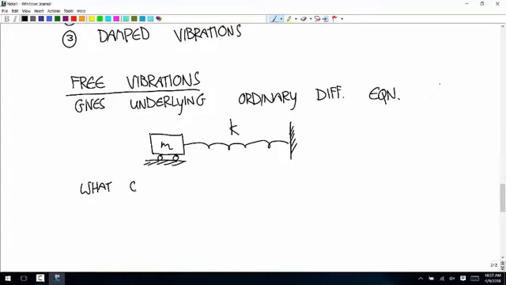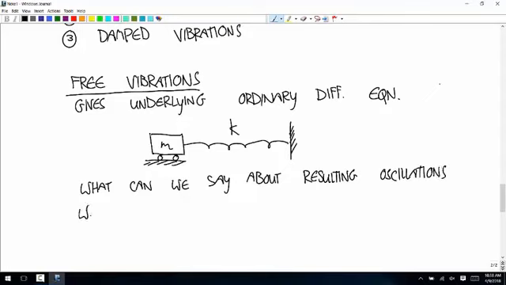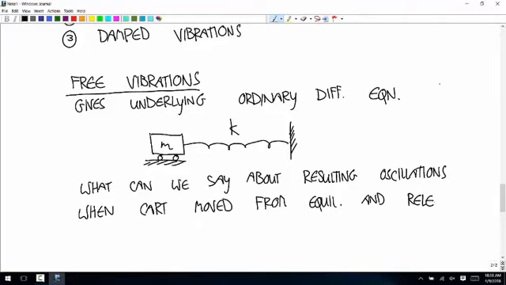So what can we say about the resulting oscillations when the cart is moved somewhere away from equilibrium and released? So that's what we're trying to figure out.